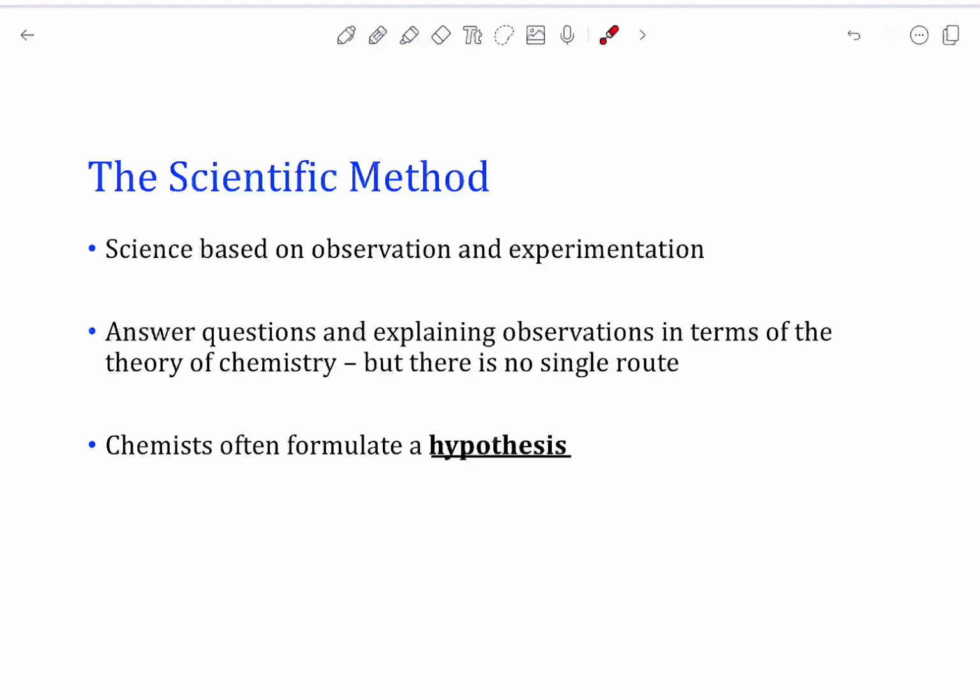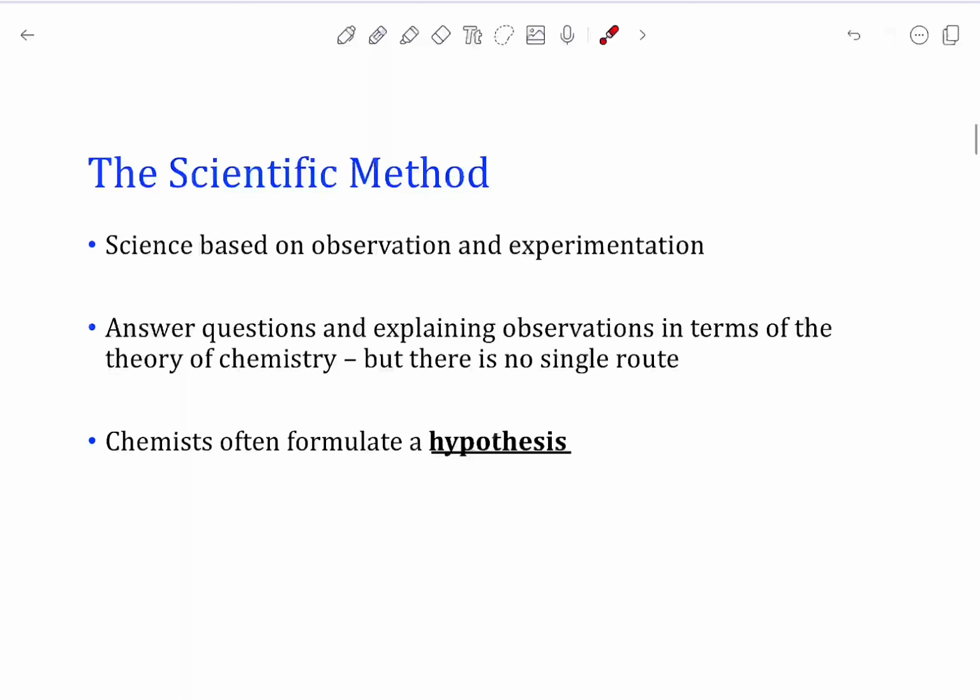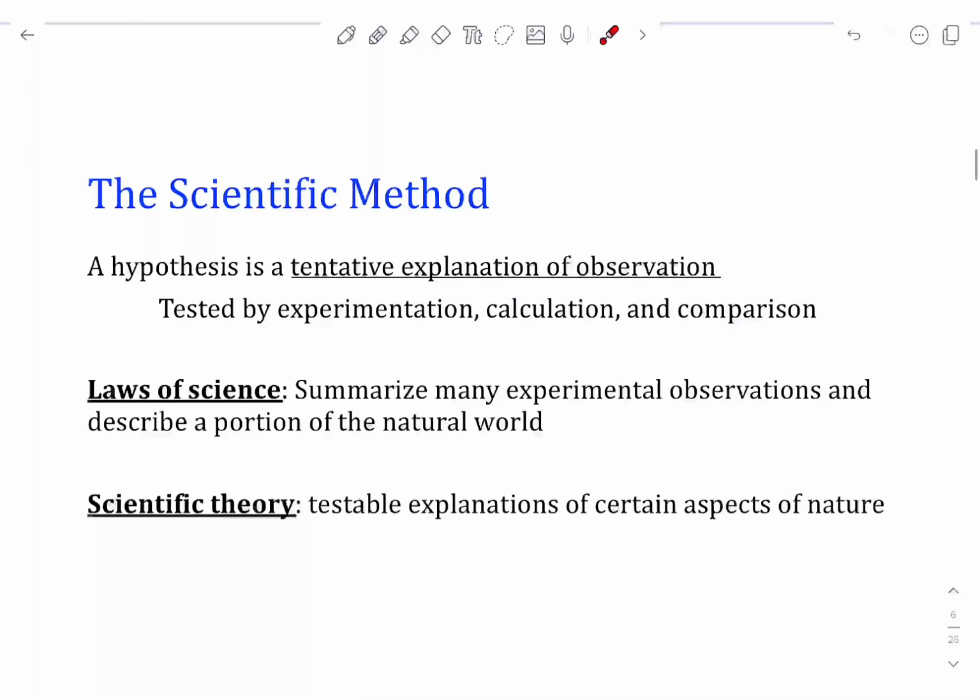There are many different ways to do that. And that's why we formulate a hypothesis. We think, oh, will this happen? Let me test it out. That is a hypothesis. A hypothesis is a tentative explanation of an observation, and then we test that hypothesis through experimentation, calculation, and comparison.